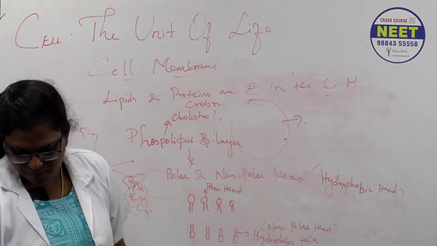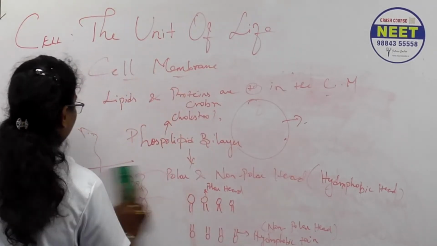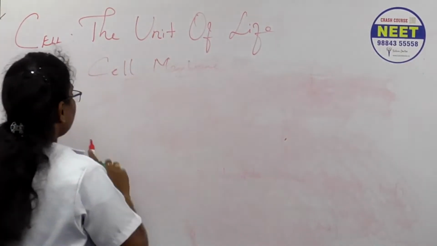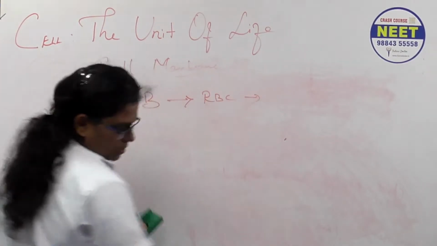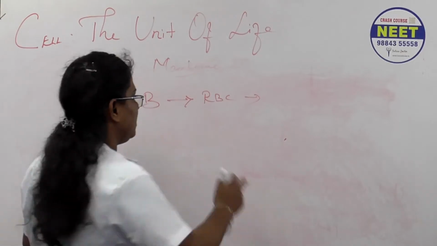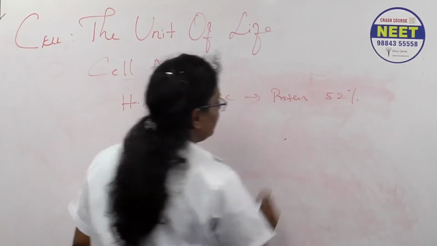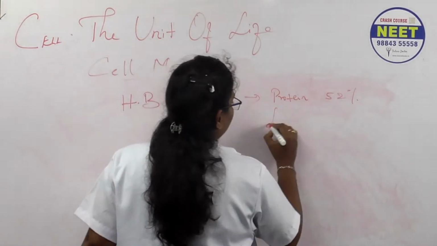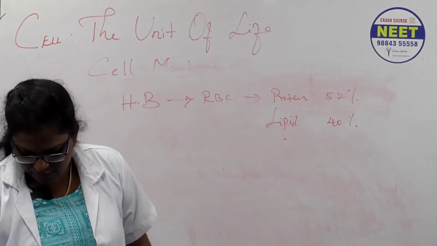In human beings, the membrane of the erythrocyte, the RBC, is approximately 52% protein and 40% lipid.